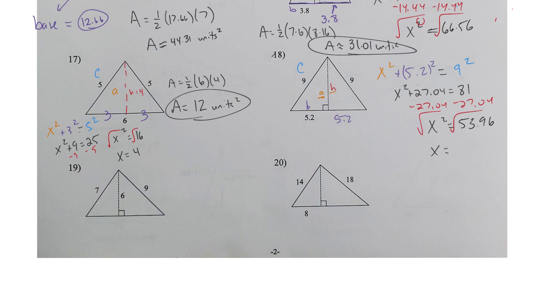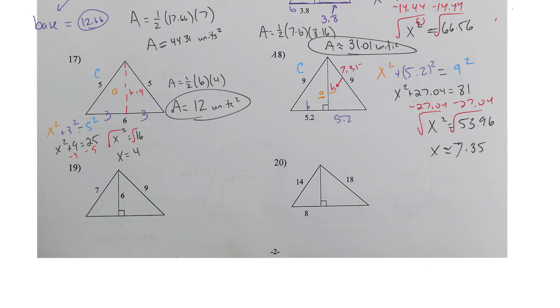So x equals the square root of 53.96. And remember, we're going to round, so it's approximately 7.35. So I have my height is now 7.35.